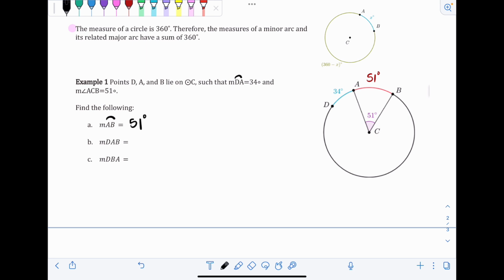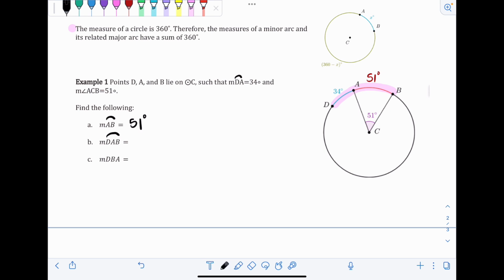degrees. And then the measure of arc DAB, so arc DAB is from here to here to here. And that's using the arc addition postulate, where it just says if we have two smaller arcs, we can add them together to get their total arc together. So DAB is combining those two smaller arcs.